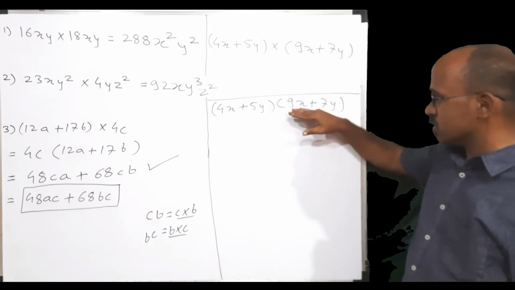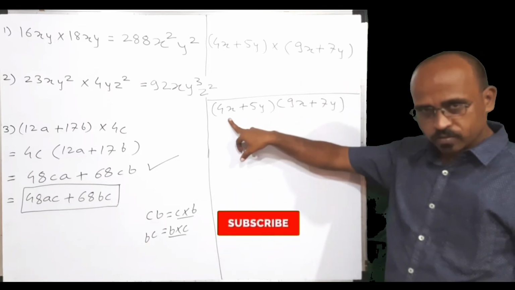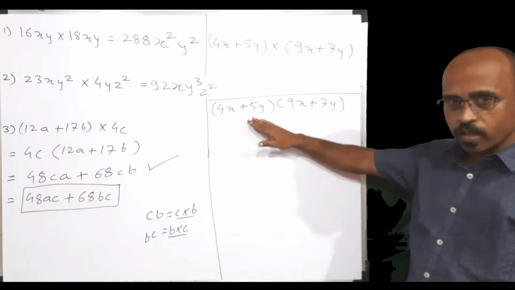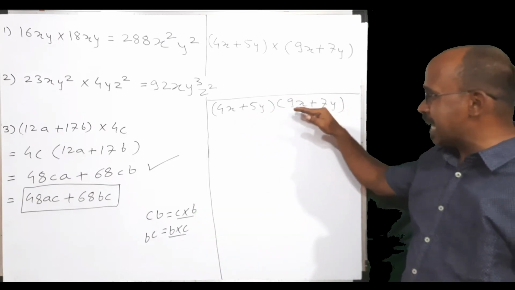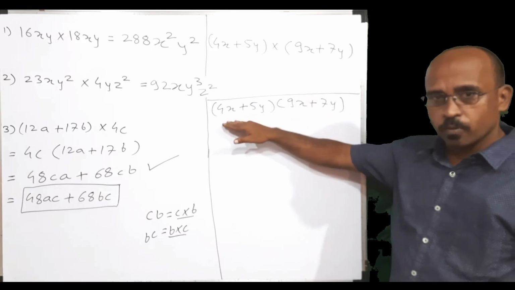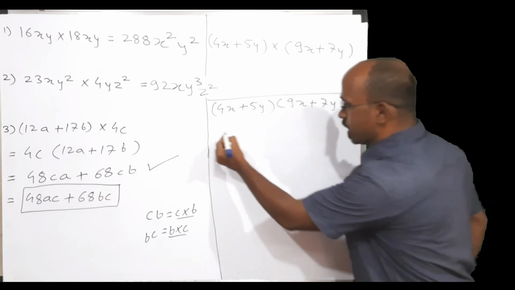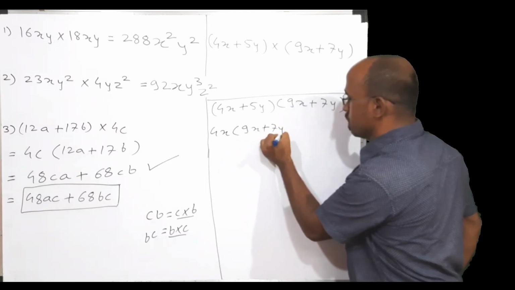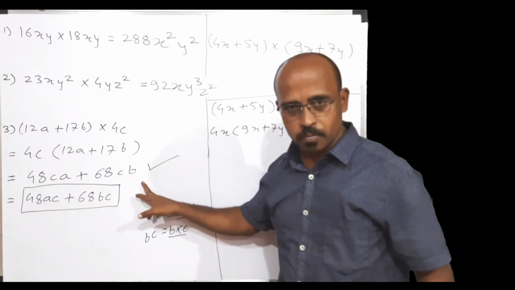Means we have to multiply this 9x plus 7y by 4x. We have to multiply this 9x plus 7y by 5y. So how will you write 9x plus 7y multiplied by 4x? You should write it as 4x multiplied by 9x plus 7y. Right? As we did in the third example.